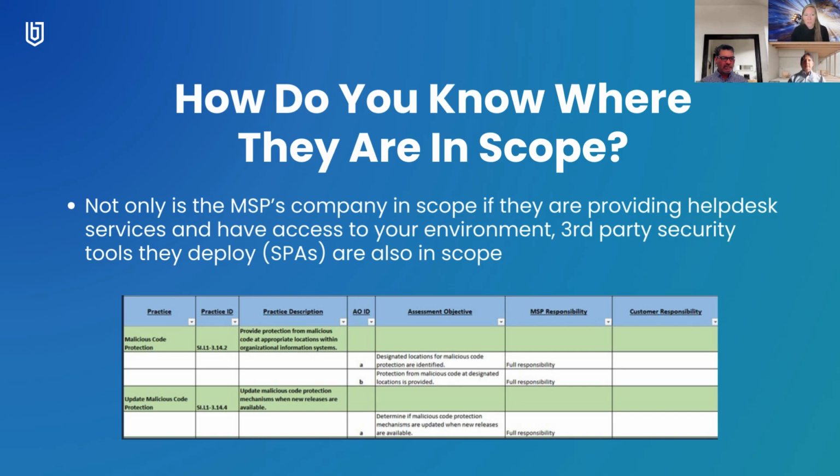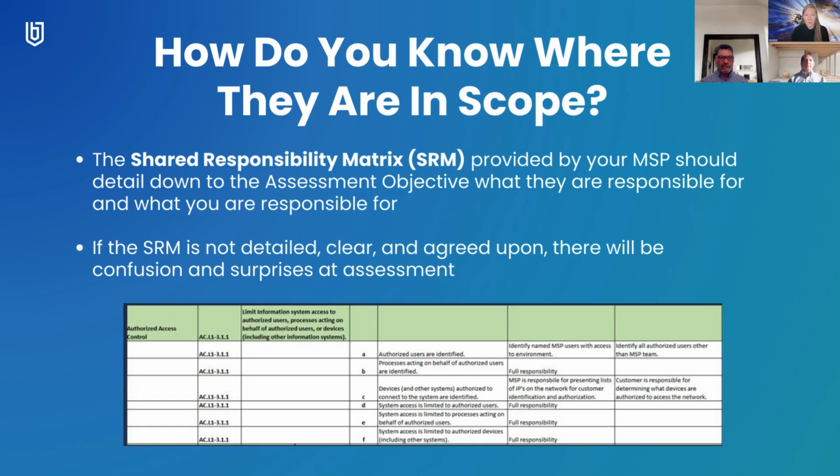Every single MSP should be providing you with a shared responsibility matrix. And that shared responsibility matrix should detail down to the assessment objective level, not just that top level control, but down to the AO level. What things are they responsible for, and what things are you responsible for, and where do you actually share responsibility in this objective?